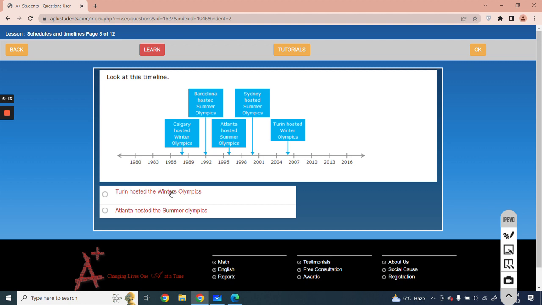Atlanta hosted the Summer Olympics. Got it? So where is Atlanta? Atlanta hosted Summer Olympics. Both of the options are correct. I don't know what's wrong with the question because both the options are correct.